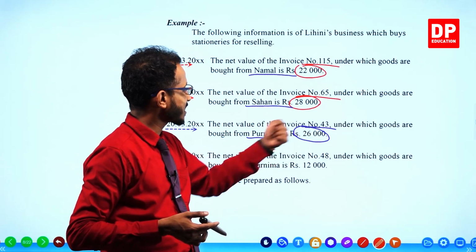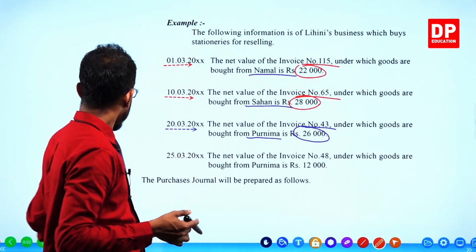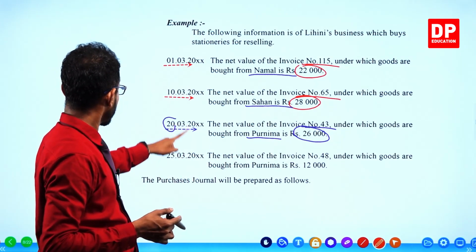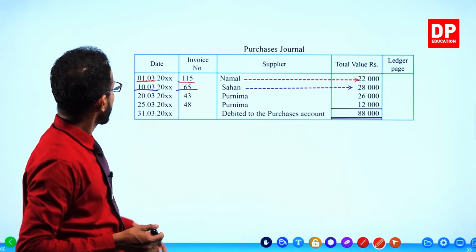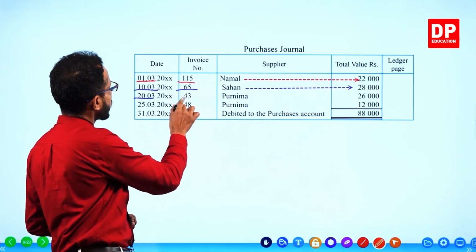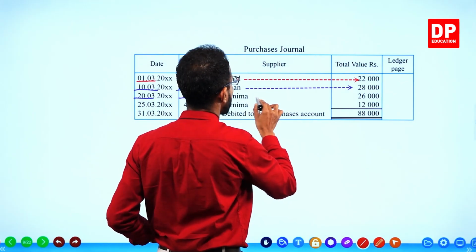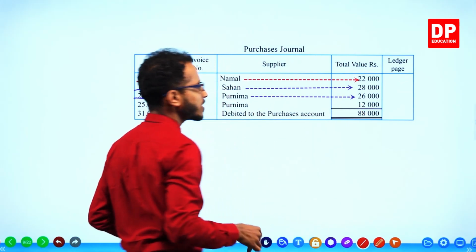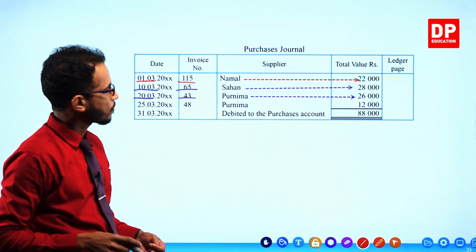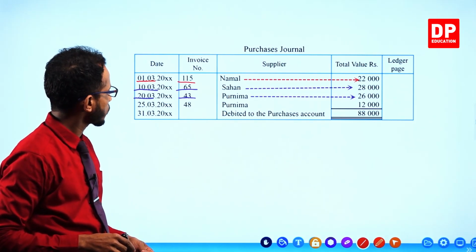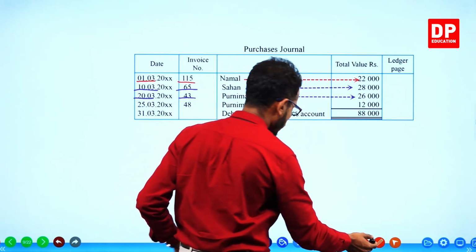Value is 26,000. On 20th, invoice number 43, Purnima, 26,000.